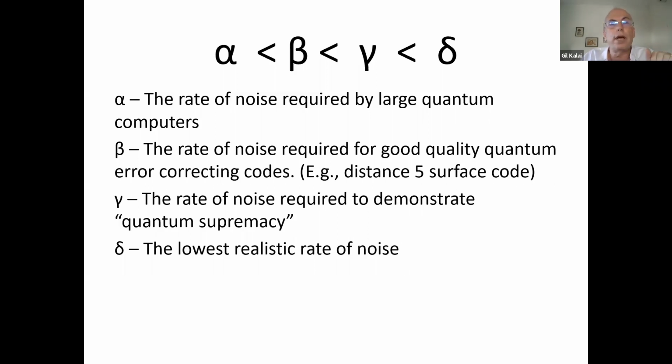Well, of course, everybody realizes that. And beta, the rate of noise required for quantum error correction, is smaller than gamma, what is required for quantum supremacy. This I didn't mention here, but this is also not in dispute. And the crucial computational complexity argument is that the rate of noise required for quantum supremacy is below what can be realistically achieved, delta.